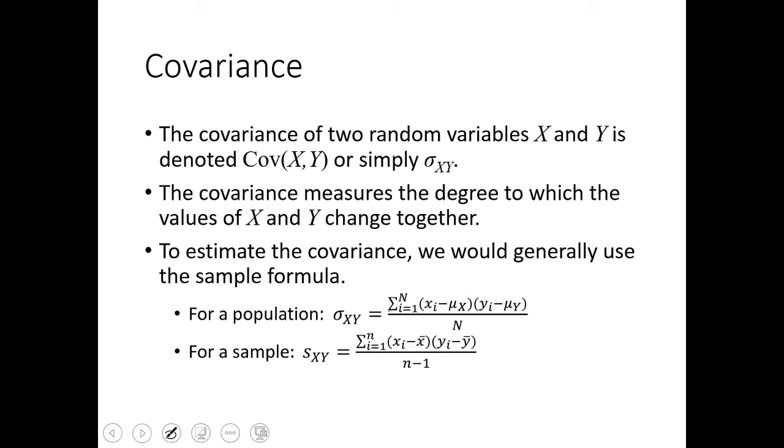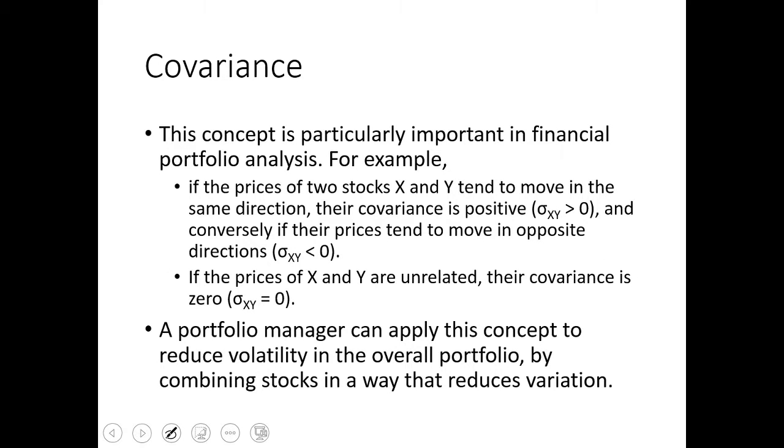But covariance is a more advanced value, and covariance is important for portfolio optimization. So if covariance is positive, then x and y tend to move in the same direction as correlation, and if covariance is negative, then x and y move in opposite directions, and if x and y are uncorrelated, then covariance is 0.